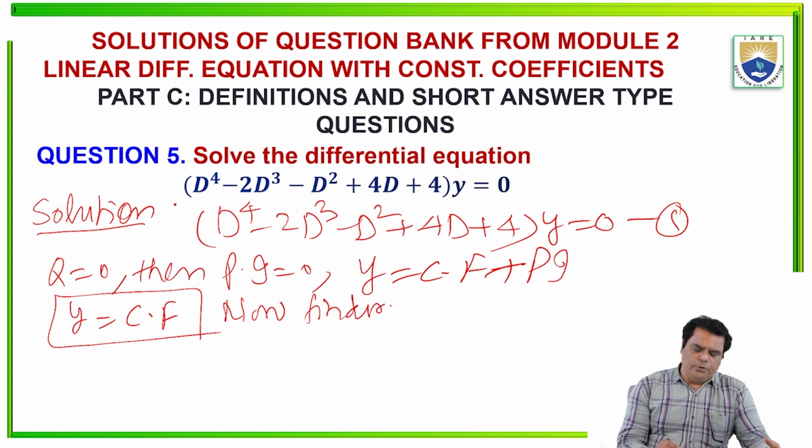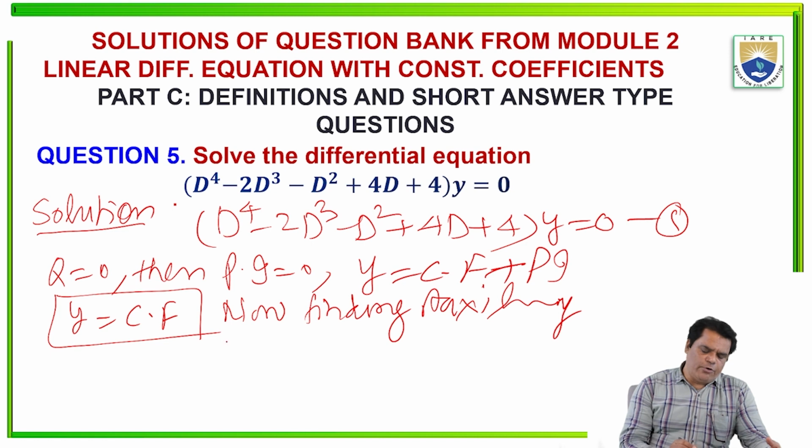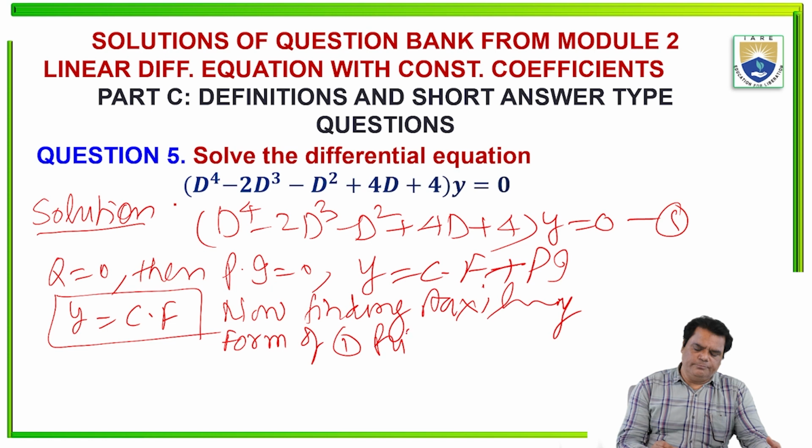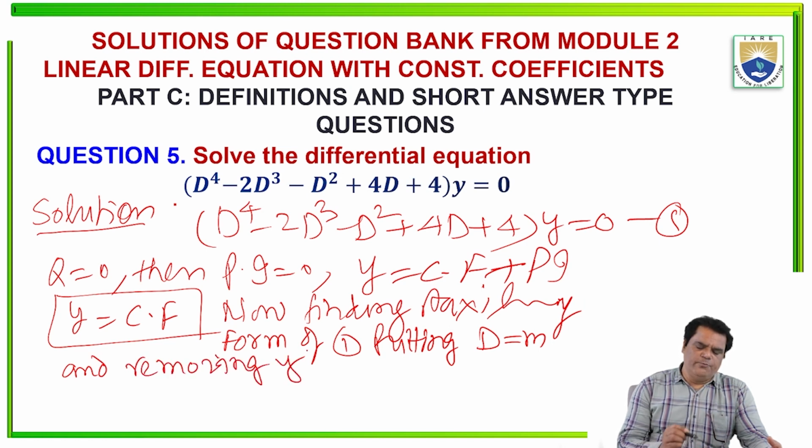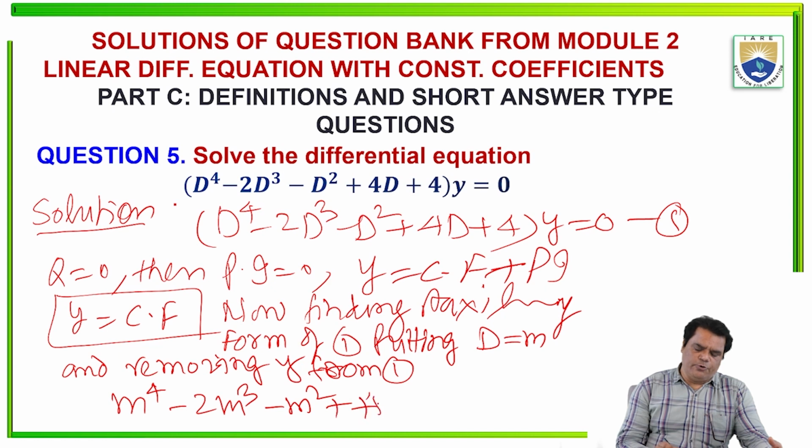Now finding the auxiliary equation of 1. Putting D equal to m and removing y from 1. Then we get here m4 minus 2m cube minus m square plus 4m plus 4 equal to 0.